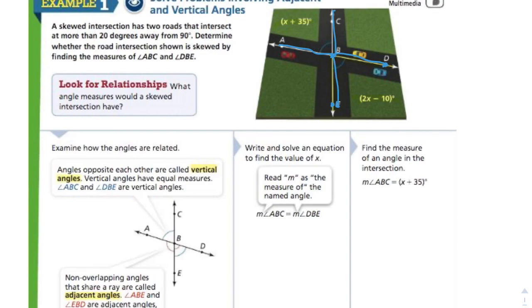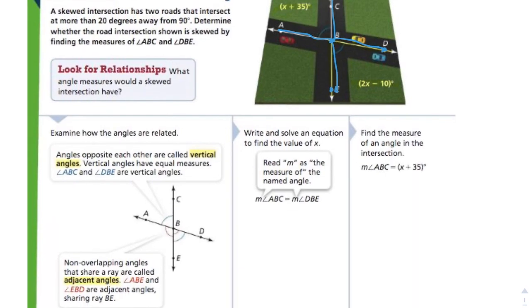So just to examine these angles that we have here, there are 2 different types of angles that we're going to talk about today: vertical angles and adjacent angles. So a vertical angle is an angle that is opposite of each other. So for example here, ABC and DBE are vertical because they are opposites.